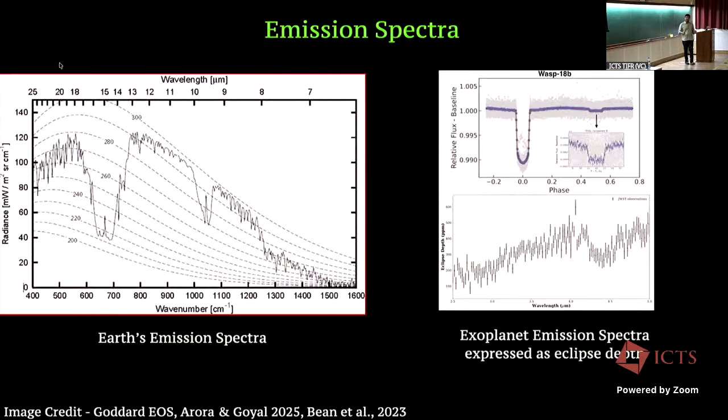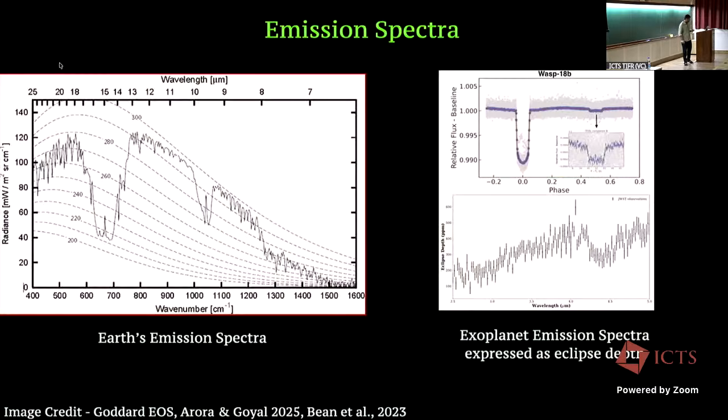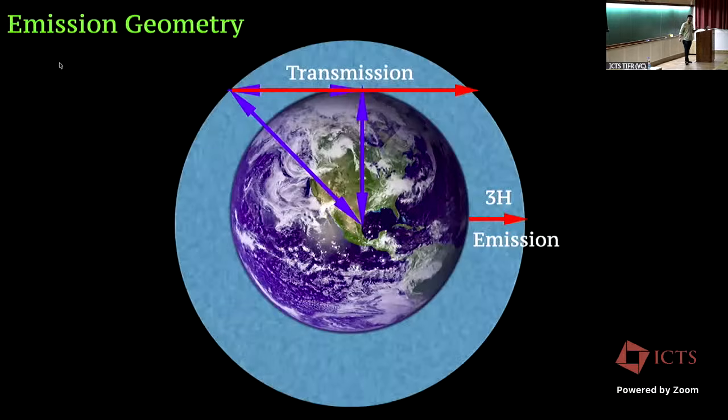Similarly, for the emission spectrum: in the transmission spectrum we were looking at the limb, and we were getting only the information of this limb of the planet, with the radiation going through the limb geometry. But in the emission spectrum, the geometry is a bit different. You are getting the radiation directly coming from the planet, the radiation emanating from the planet's atmosphere.